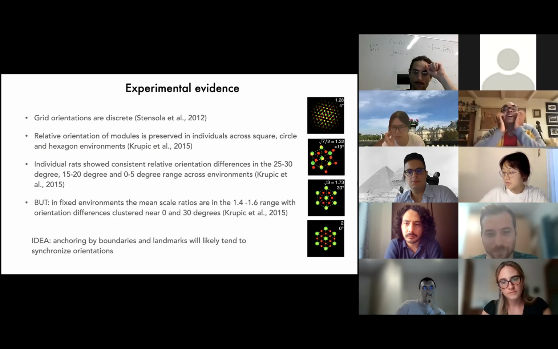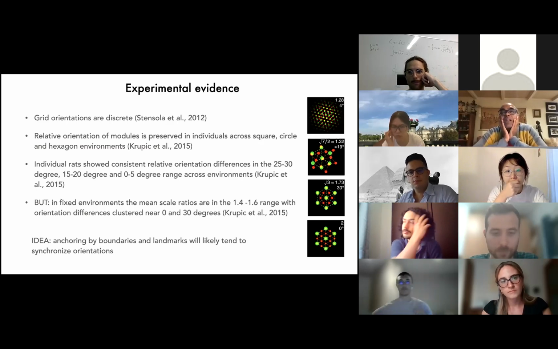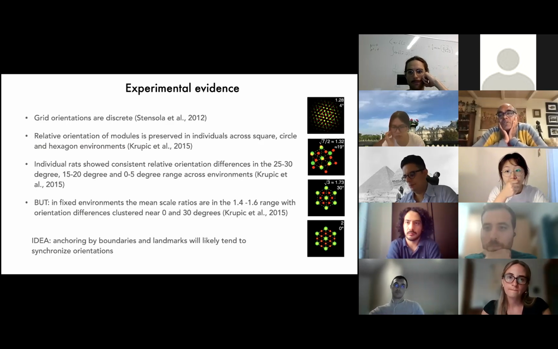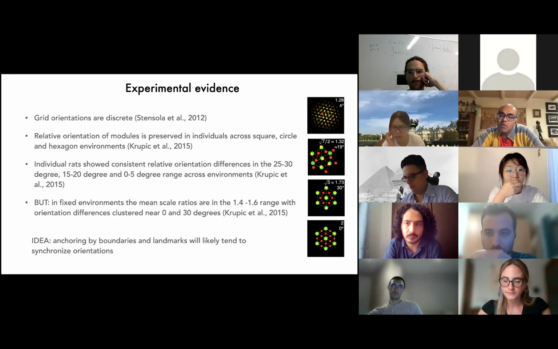But with the bat data, there's a bunch of things to be said. At least the preliminary data on grid cells in bats seem to suggest that the grid system in bats was quasi 2 or 3 dimensional, because bats actually spend a lot of time crawling along the walls and then fly off. So the initial data was not very clear whether I should be thinking about these as 2-dimensional grids or 3-dimensional grids.